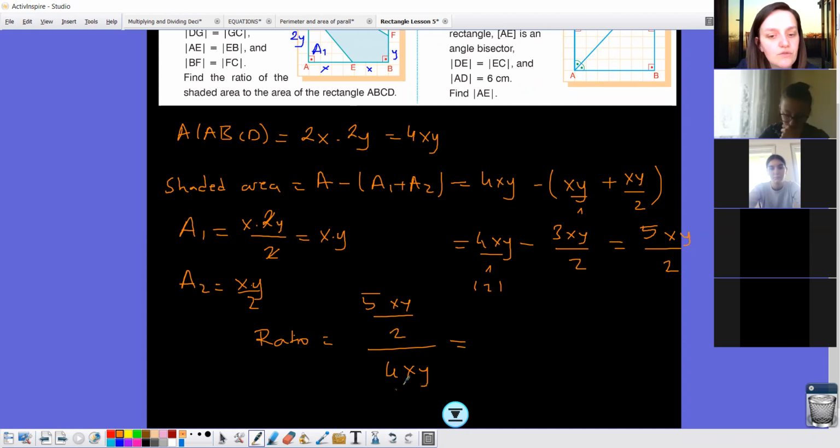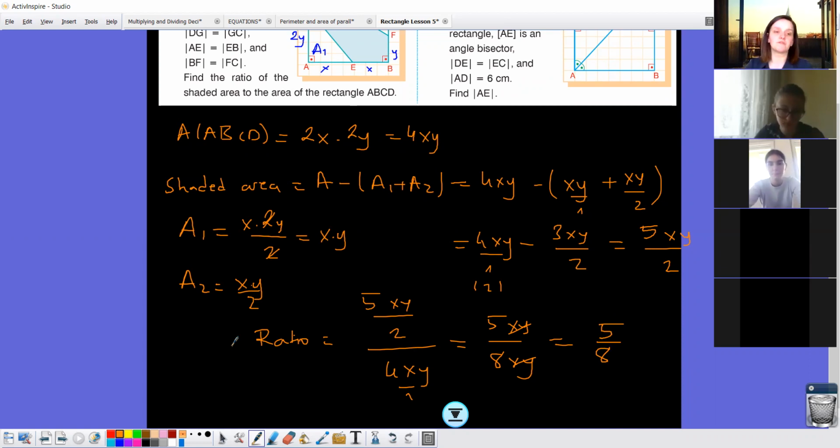Do you remember inners, outers? It will be 8xy in the denominator and 5xy in the numerator. The xy's go, so it is 5 over 8. So the ratio of the shaded area to the area of the rectangle is 5 to 8. Okay, clear, teacher.